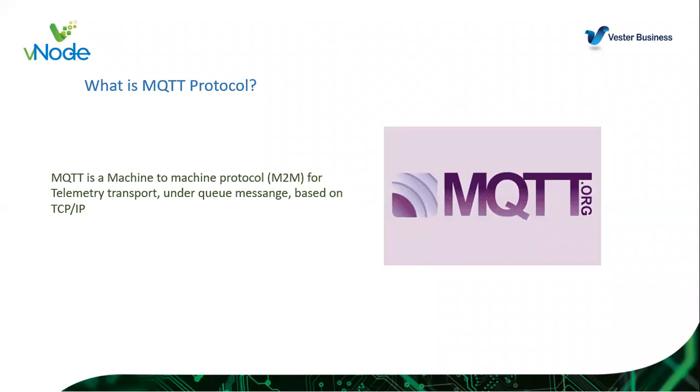This protocol works really well for collecting data from any application and sending it back to the cloud. Remember that there are a lot of cloud providers that allow communication coming from this MQTT protocol.